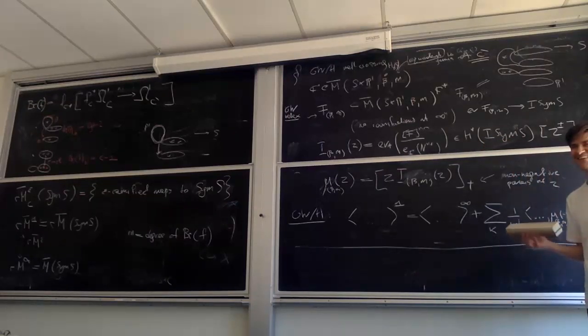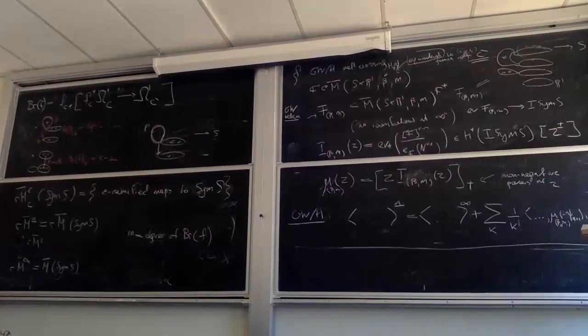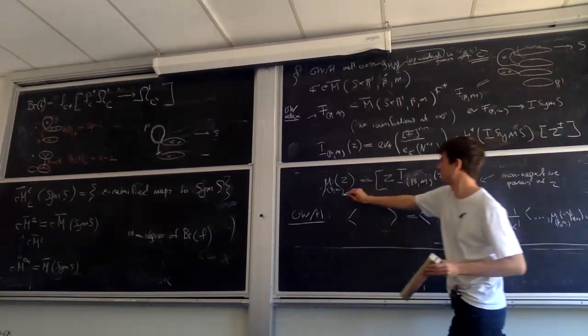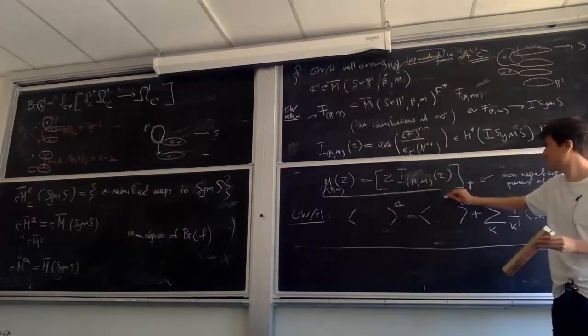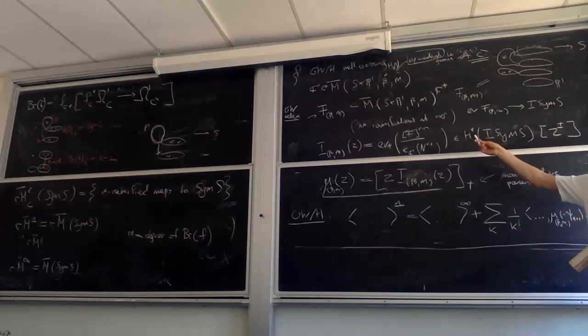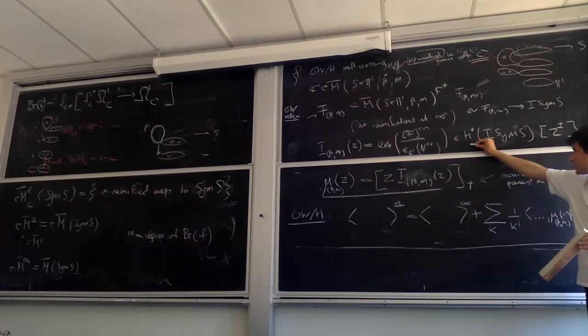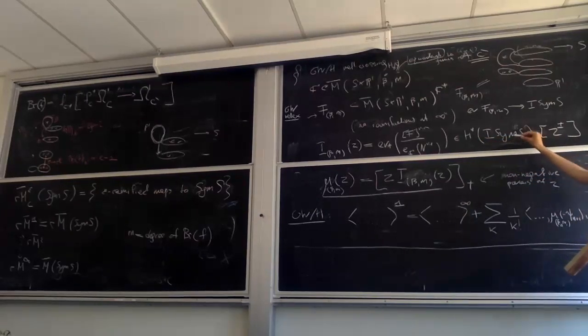Mu is this truncation of I, which is some bunch of classes in H star with z, where z is the equivariant parameter. So you insert mu such that you substitute psi classes in this equivariant parameter z.